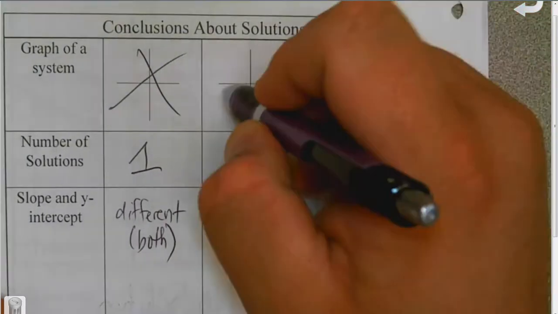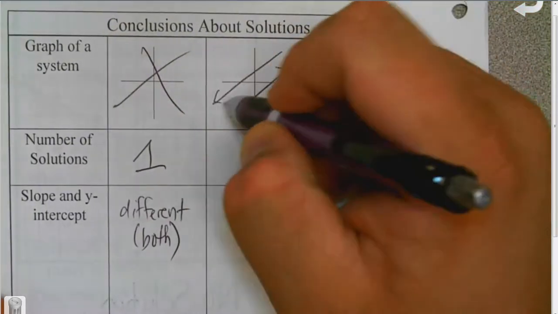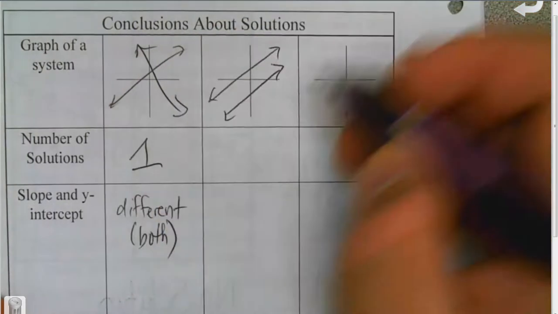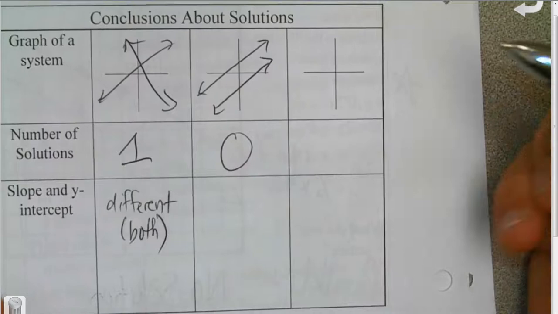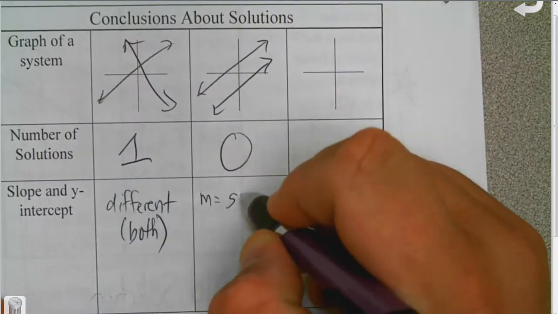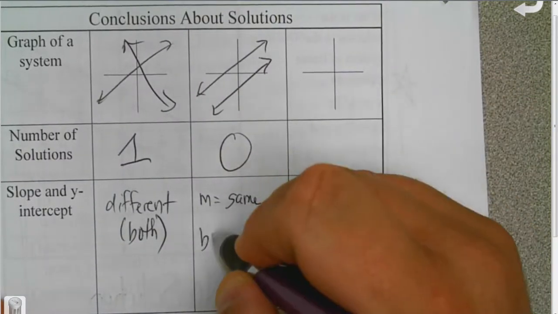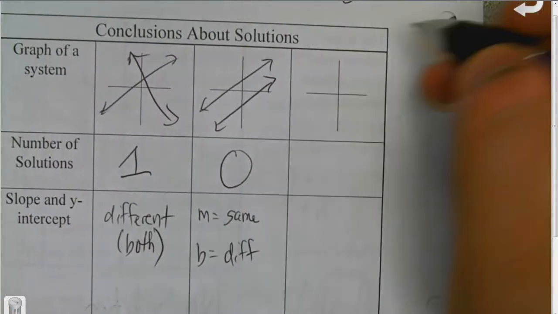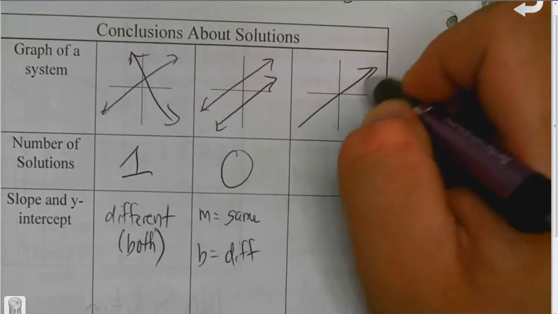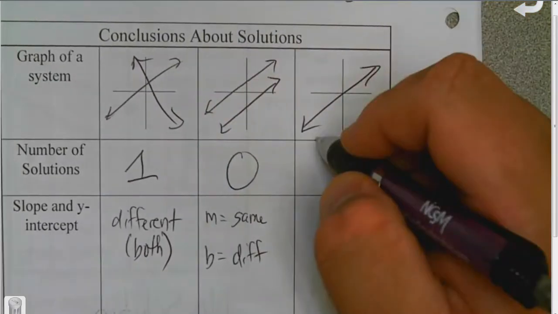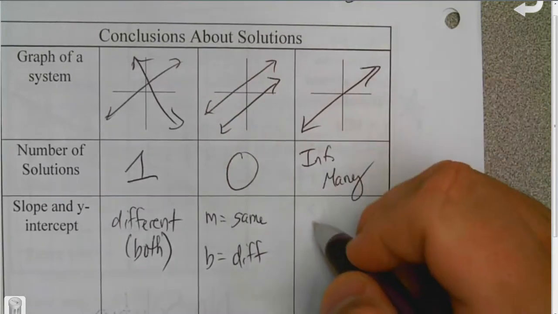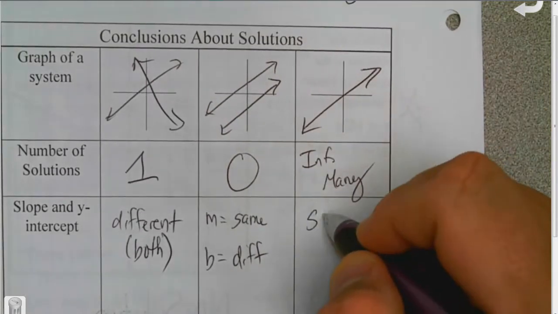If your graph looks like this, there are no solutions, and your slope will be the same, but your b will be different. If you graph and you end up with one line, it's infinitely many, and your slope and your y-intercept will be the same.